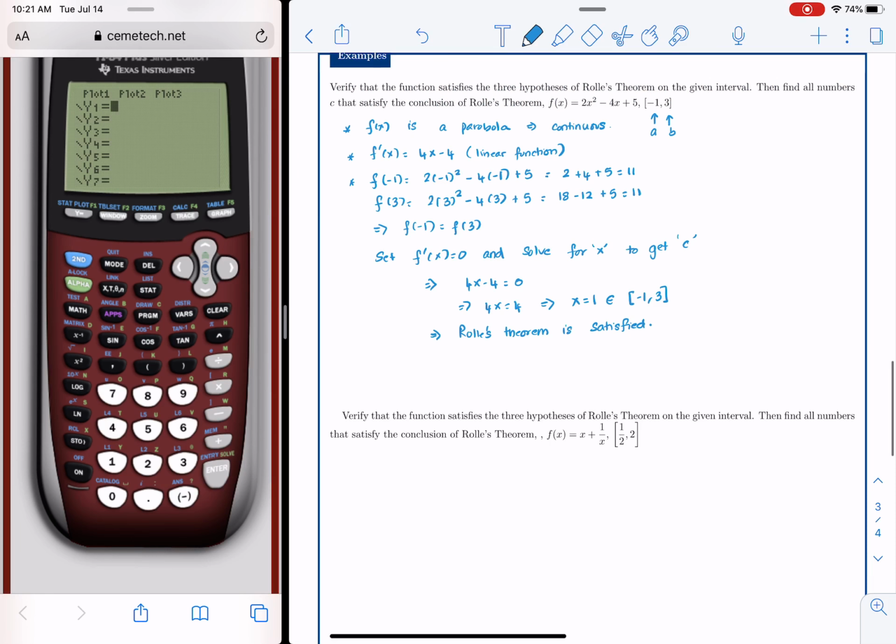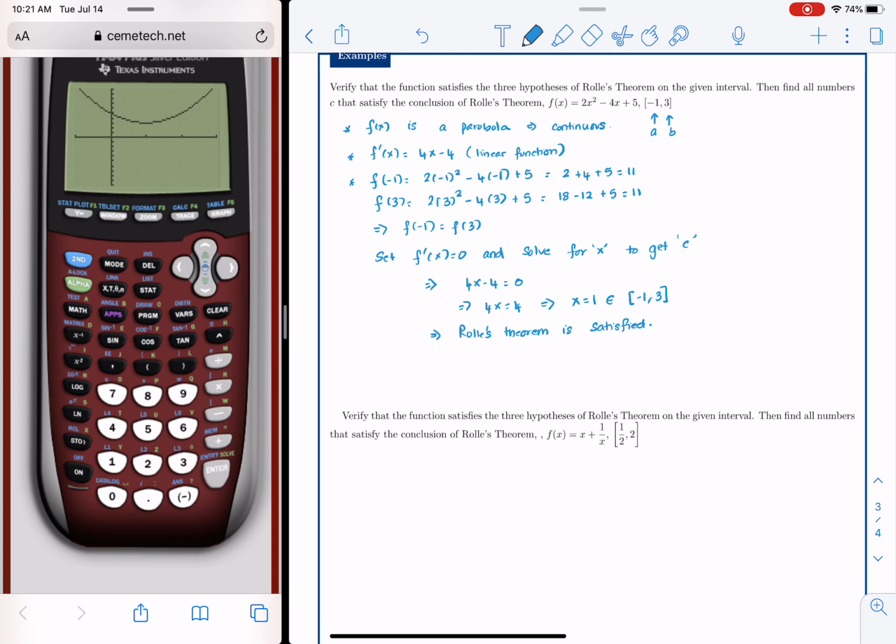So if you sketch the function 2x squared minus 4x plus 5, I'm going to set the window from -1 to 3, and I'm going to graph, and that is the curve that I get.